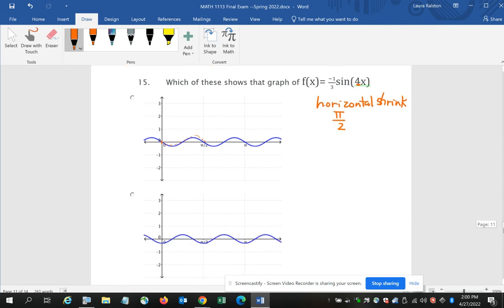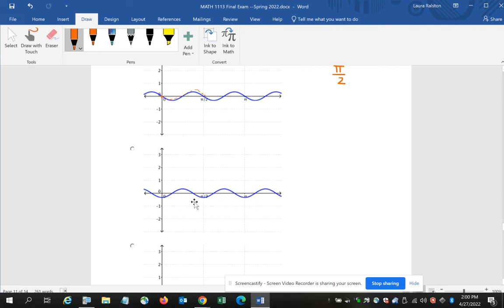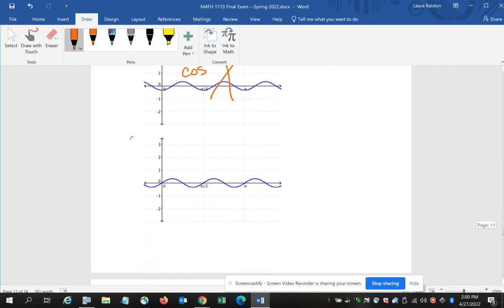Okay, let's see. This one, it starts at 1 or -1/3. This is the cosine curve, so it's not this one. This is actually the sine curve, but it's not reflected.